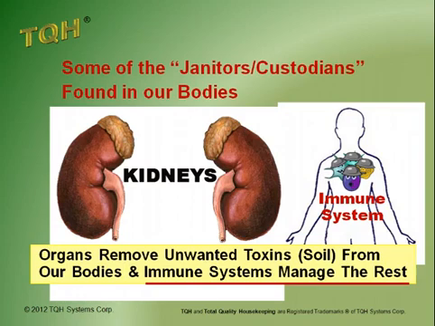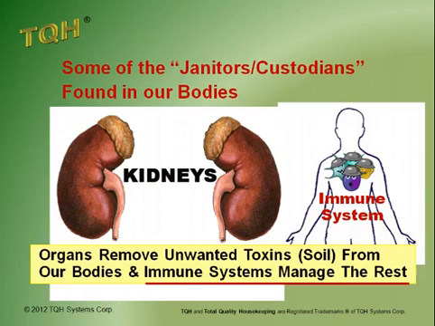The organs don't remove 100%, but they bring the soil count down, and our immune system senses everything going on in our body and deals with it on a regular basis and makes the drugs that are necessary to manage and fight off germ counts.